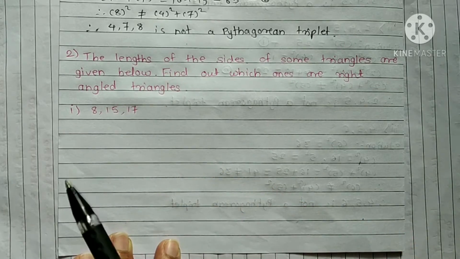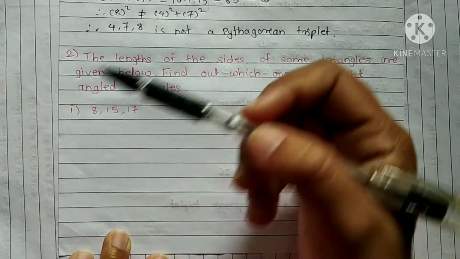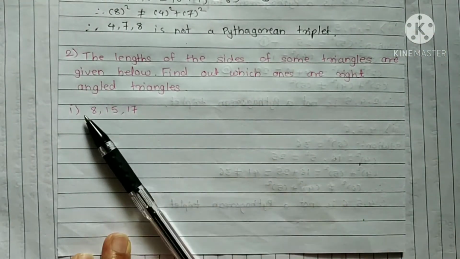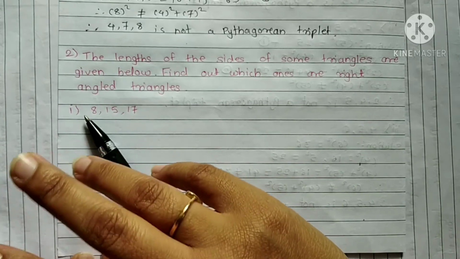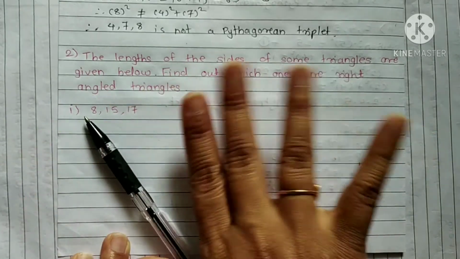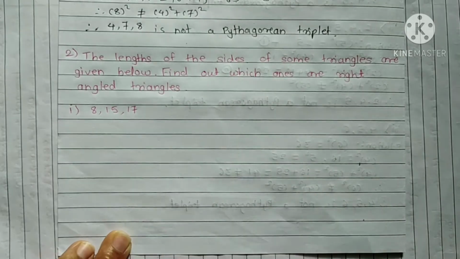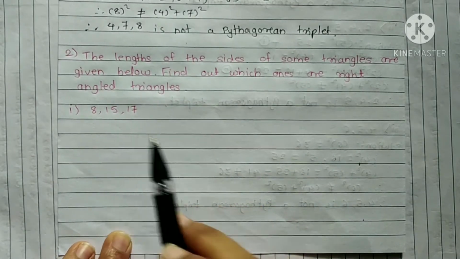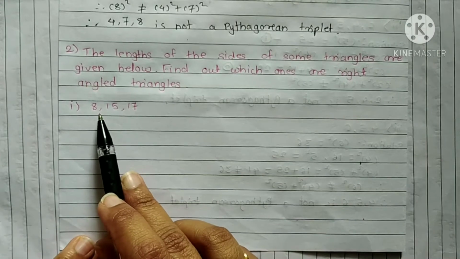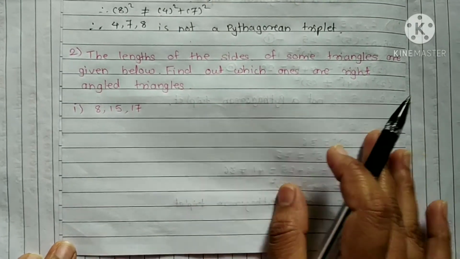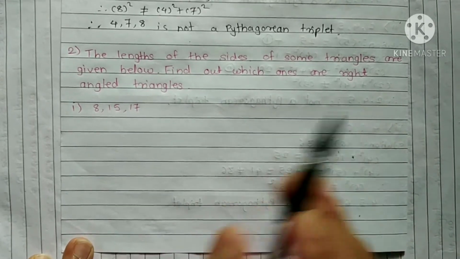You have already learned that if the lengths of the sides of the triangle form a Pythagorean triplet, then we can say that the given triangle is a right angle triangle. So first we check whether the given triplet is a Pythagorean triplet or not, then we can decide whether the given triangle is a right angle triangle or not.